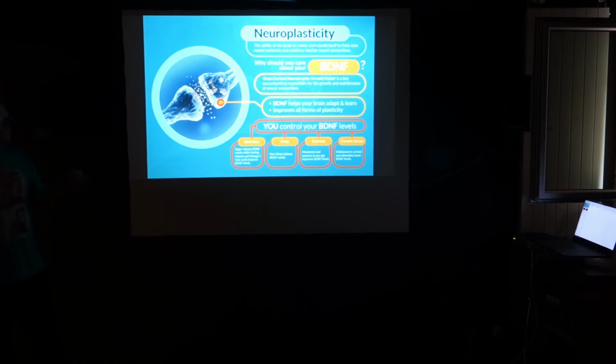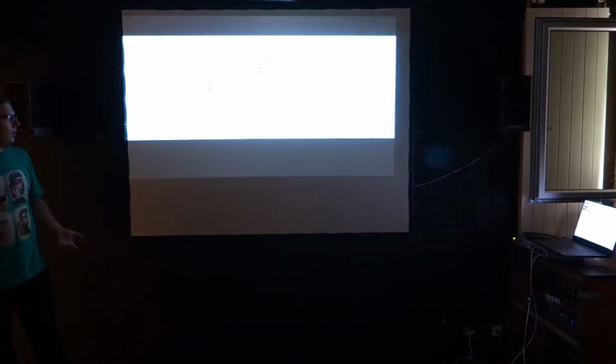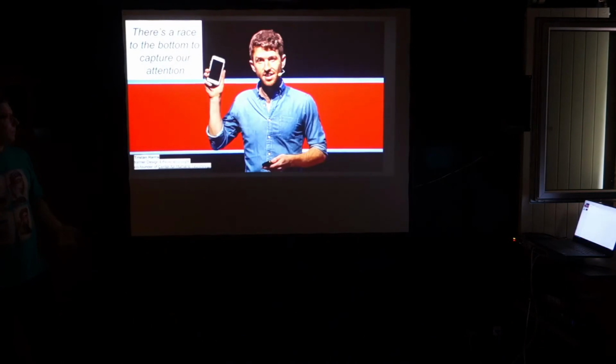So in summary, you can argue that there is something you should care about when talking about the brain concerning using digital devices. And what are the alternatives to this? Well, there is this guy who is a former design ethicist from Google.